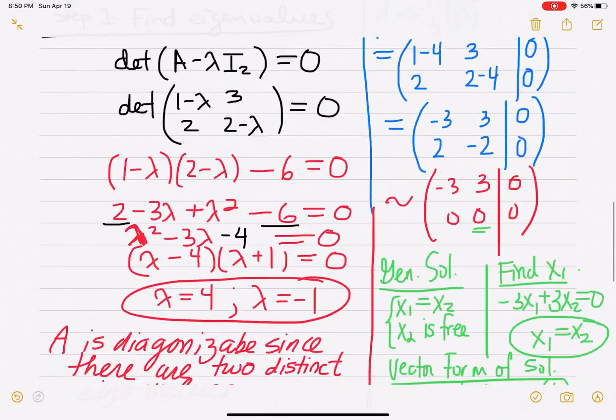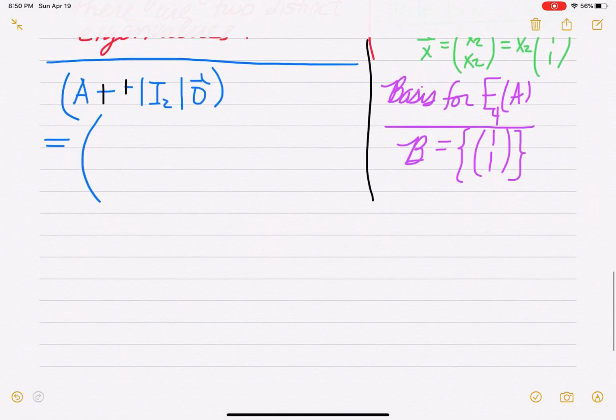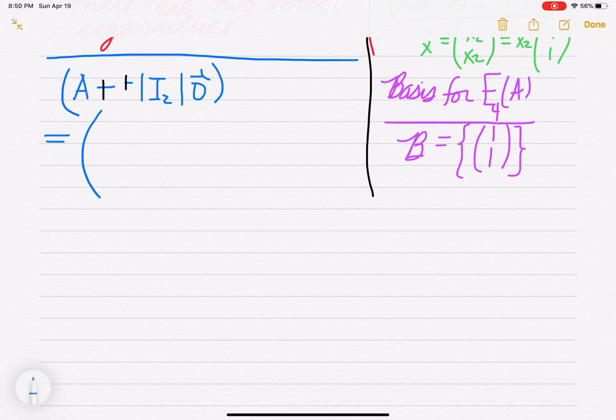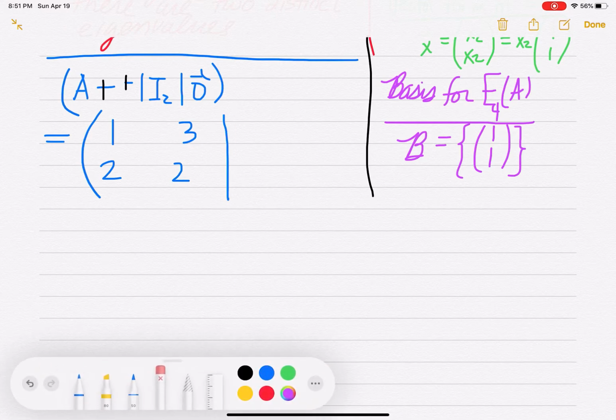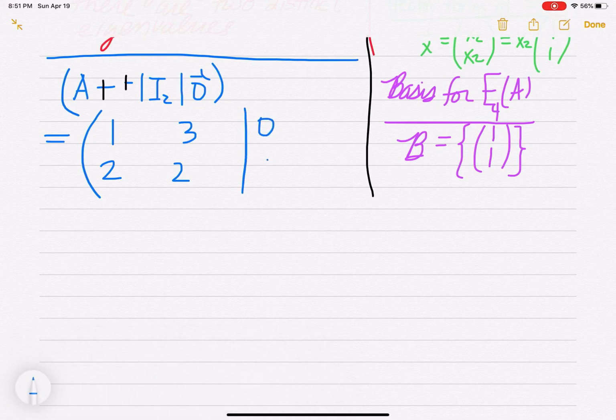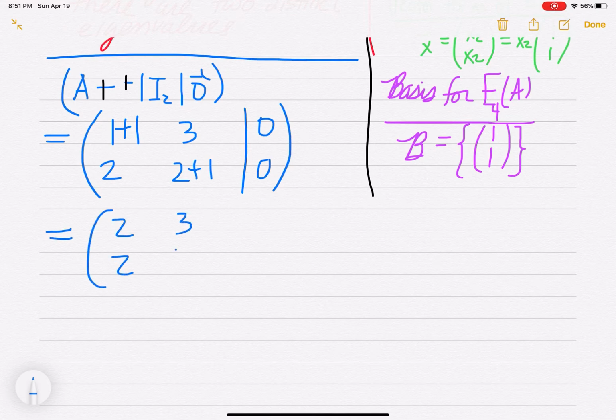It was 1, 2, 3, 2. Let's give some more space because we're going to have to add 1 along the diagonal. It's going to give us the matrix 2, 2, 3, 3, and then zeros.